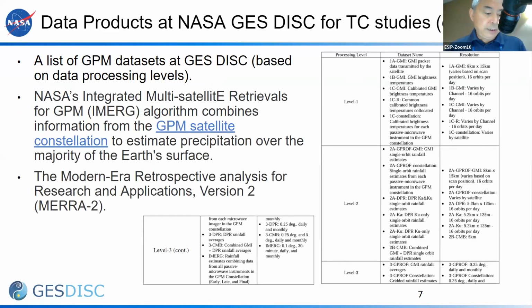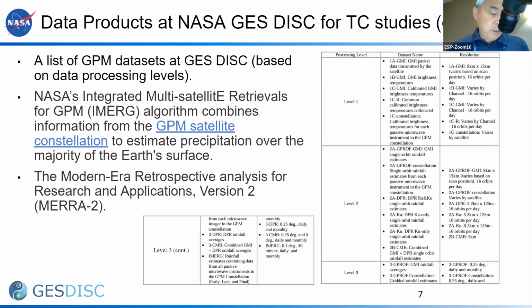This table lists the GPM data sets at the GES DISC, also based on the data processing levels. In particular, NASA's Integrated Multi-satellitE Retrievals for GPM, also known as the IMERG algorithm, combines information from the GPM satellite constellation to estimate precipitation over the majority of the Earth's surface.